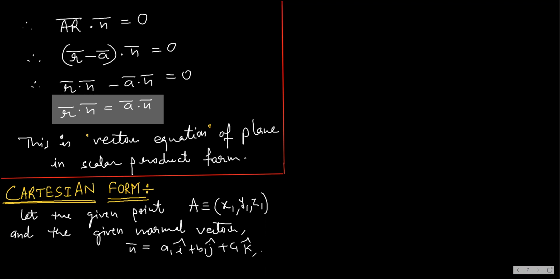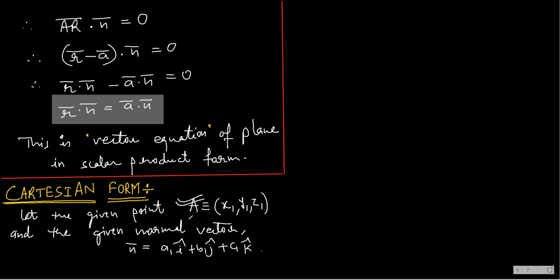As a matter of fact, they could have even said that DRs of n bar are a1, b1, c1. So instead of giving the normal vector completely the way I wrote, they could have given the DRs a1, b1, c1. That would also mean the same thing. So I'm given the point A, and this is n bar.